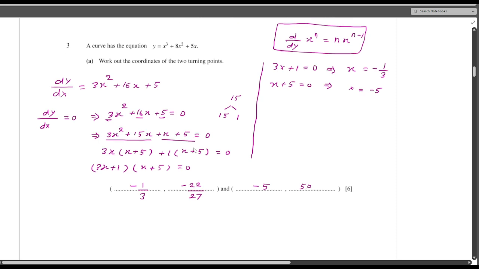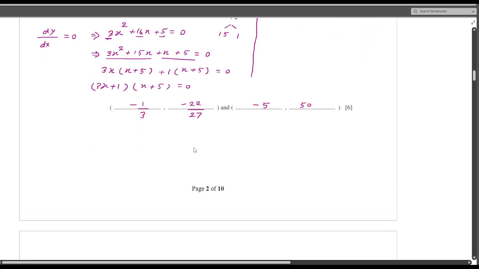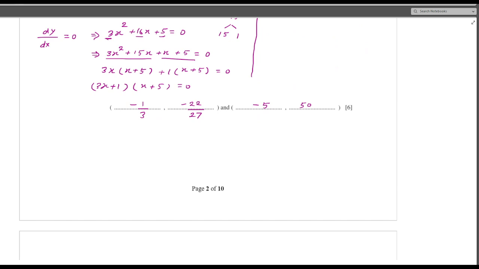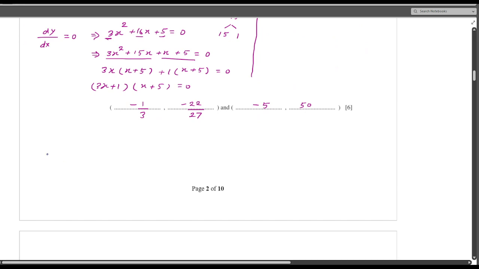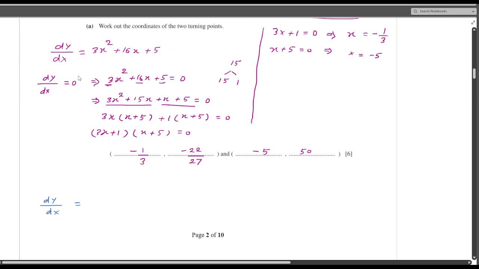So I will write dy by dx here once again. We got dy by dx as 3x squared plus 16x plus 5.